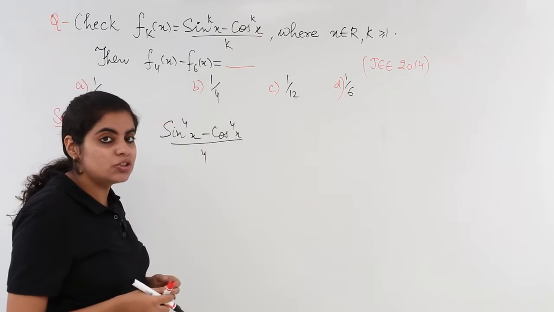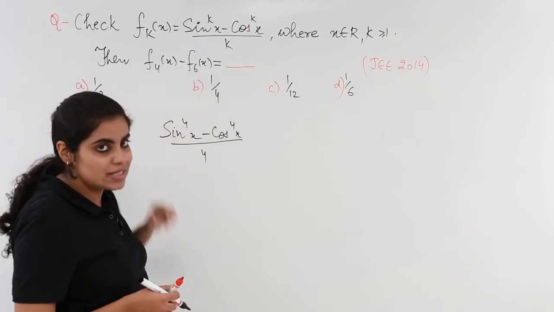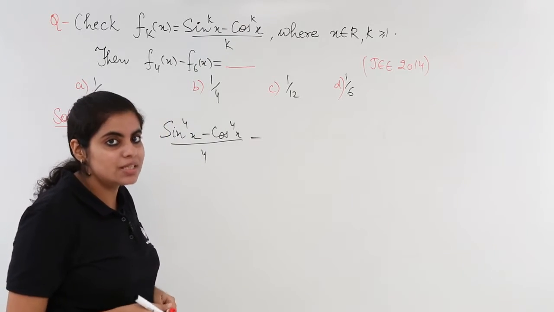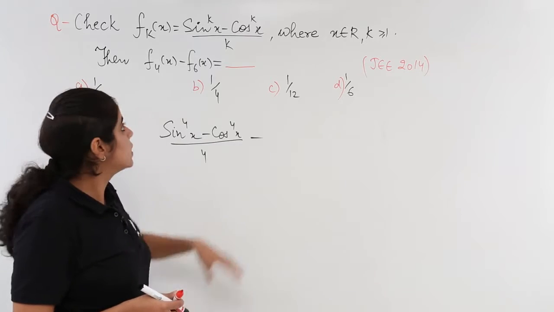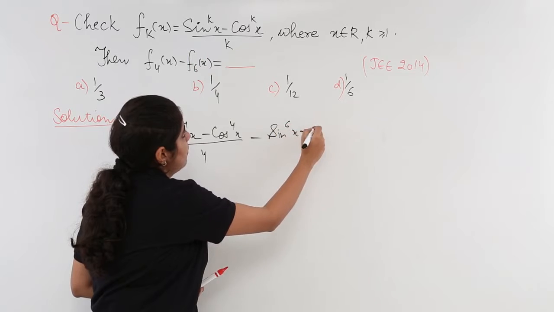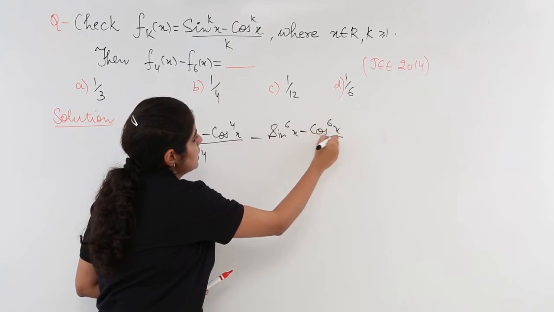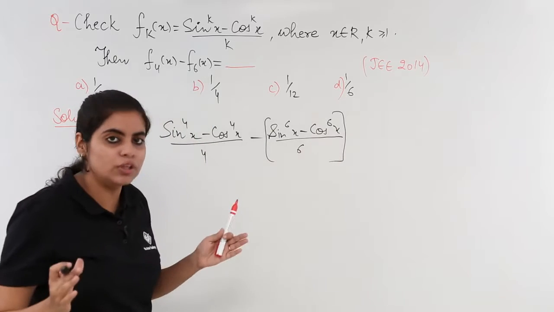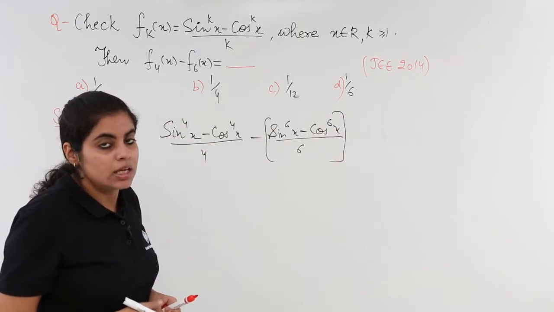Now what next I need to do? I need to put the minus sign of the question and f6(x). That means the value of k is now 6. So k is 6. So it means (sin 6x minus cos 6x) upon 6. And this can be written in a bracket because it is involving two terms with the negative sign. Now what next?